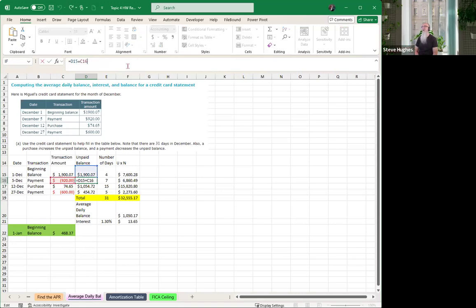We add the unpaid balance plus a negative, which is subtracting the payment we just made, which gives us a new unpaid balance of $980.07. The next thing to do is to count. After we made that payment, how many days did the balance stay the same until December 12th? 12 minus 5 is 7, so that's the number of days.